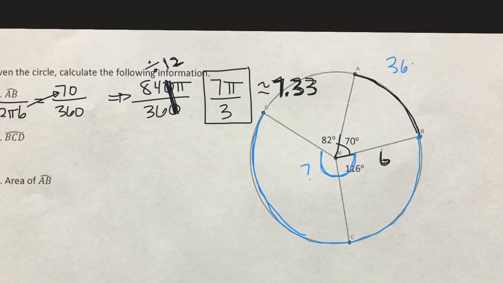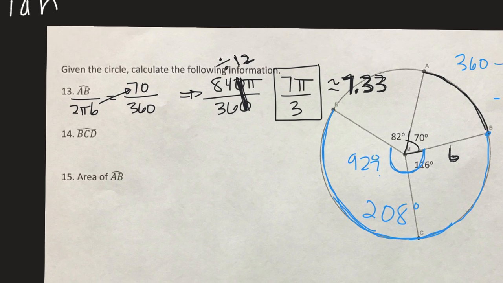To find that missing part, I subtract the other angles I know from 360. 360 minus 82 minus 70 minus 116 is 92. So 92 plus 116 gives a total angle of 208 degrees from B all the way around to D.